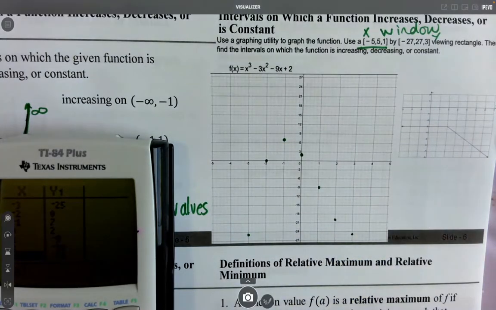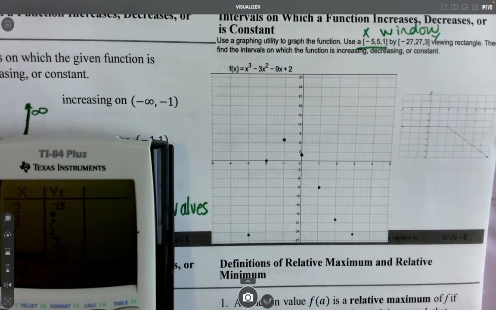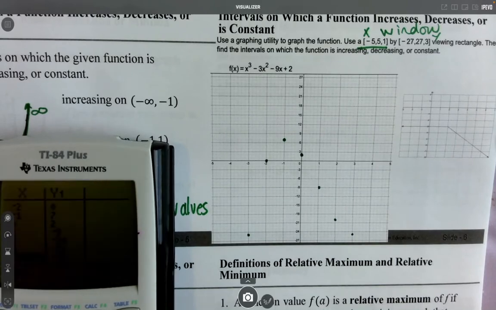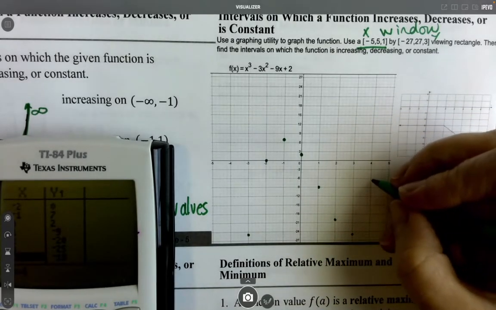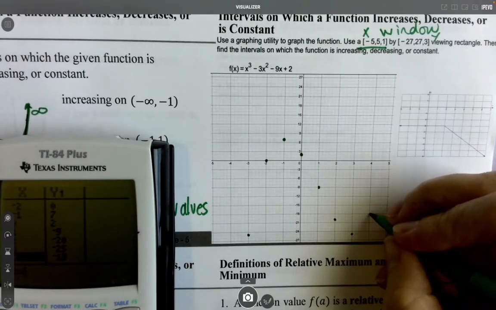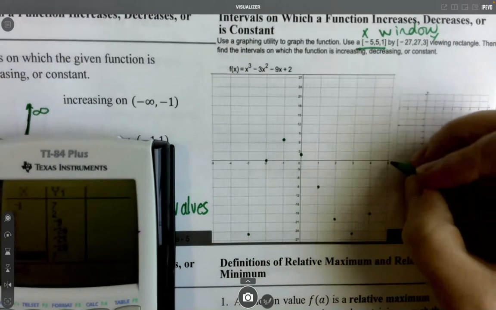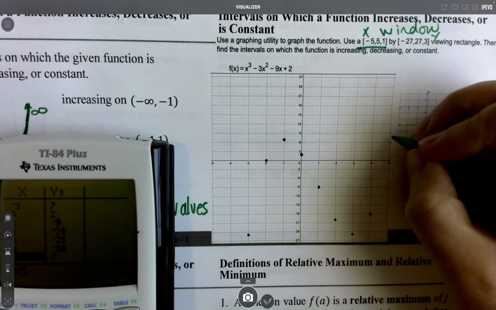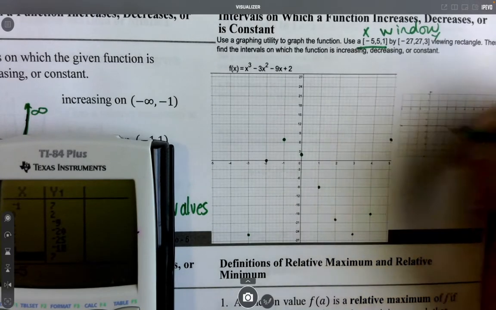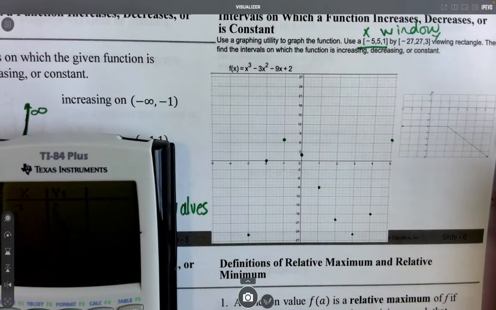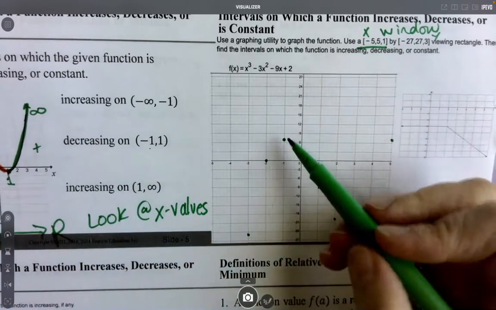So it looks like that, right? And then 4, -18. So it comes back up. 5 is up here at 7. It looks like that. So that's a rough estimate.